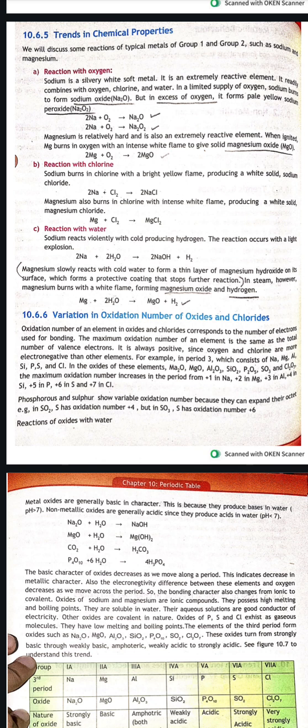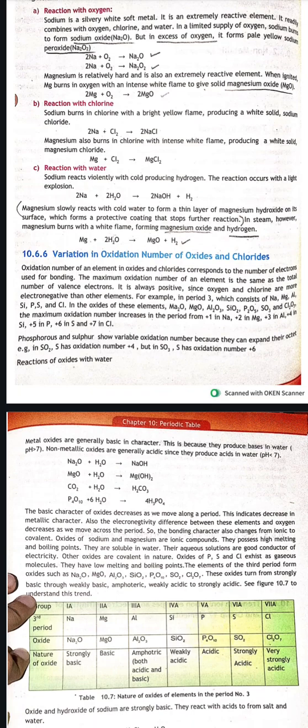In a limited supply of oxygen, sodium burns to form sodium oxide, but in excess oxygen it forms pale yellow sodium peroxide. Magnesium is a relatively hard and also extremely reactive element. When ignited, magnesium burns in oxygen with an intense white flame to give solid magnesium oxide.